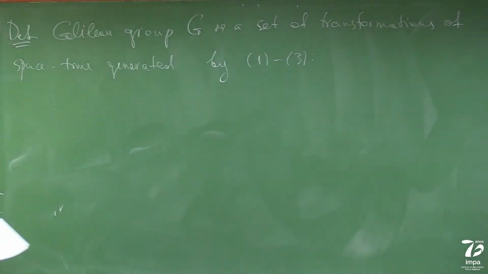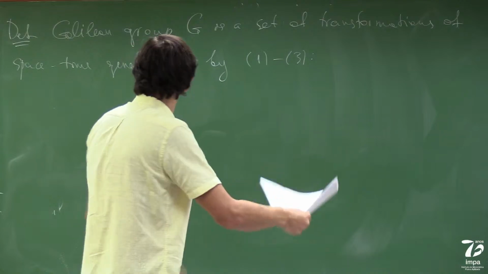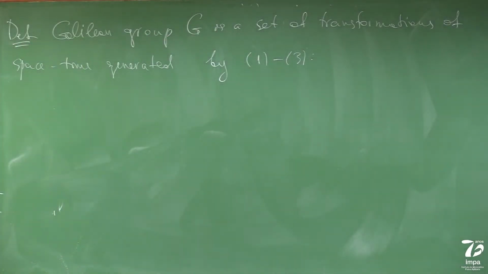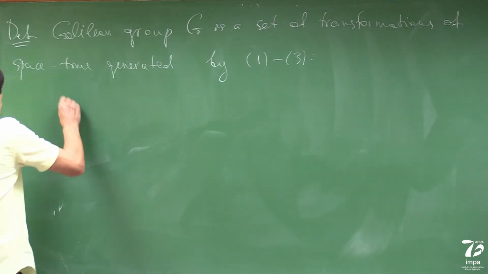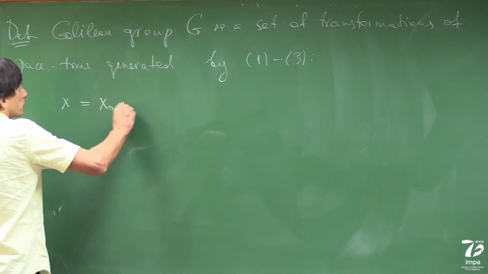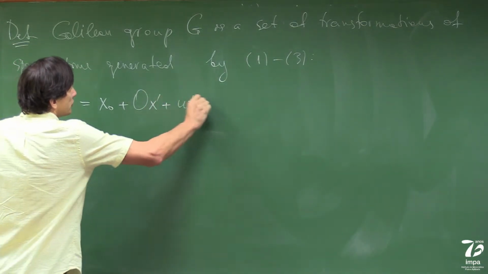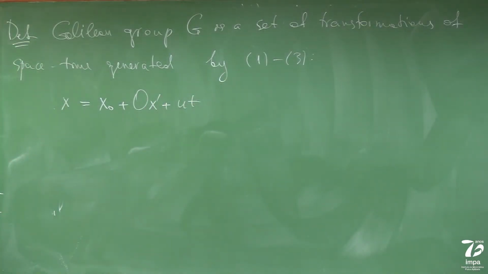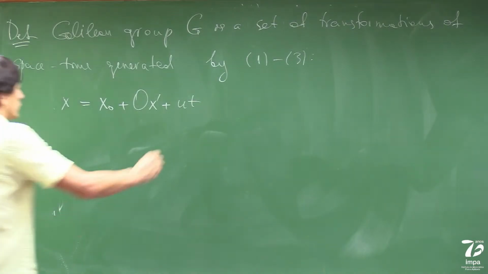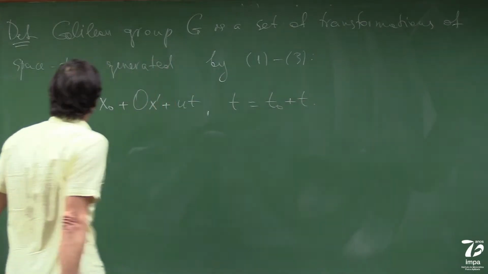So you have 3 different transformations: rotation, translation, and Galilean transformation, and you can compose them. Just take one, take another, take a third, and then in general, the general transformation will have the form x0 plus O x prime plus ut, right? So I put all 3 of them. And then for time, it will be t0 plus t. So that's a general transformation.